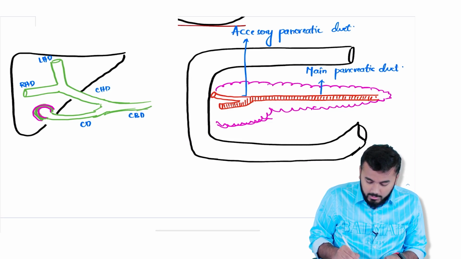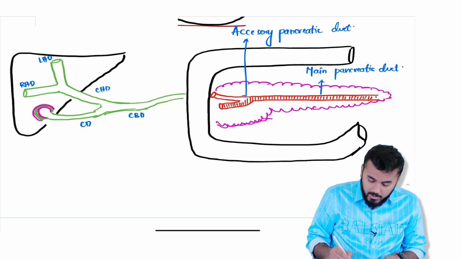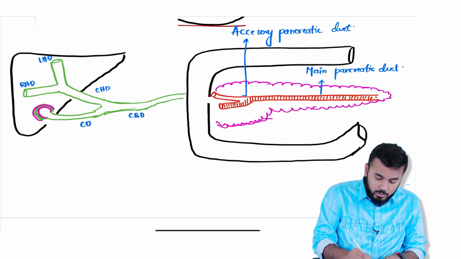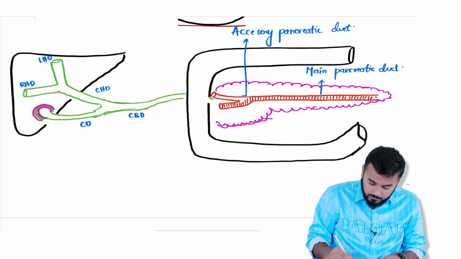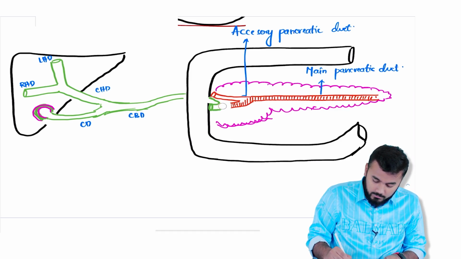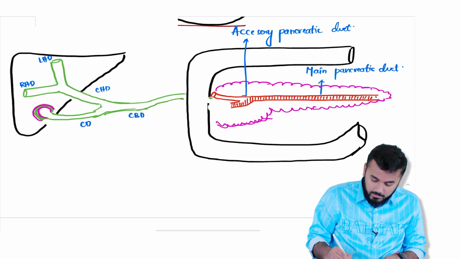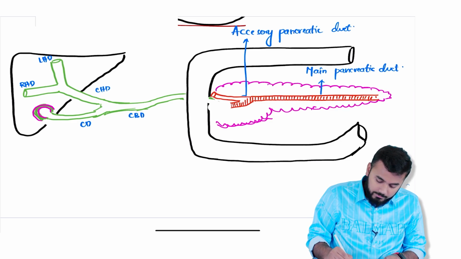Now look here. This common bile duct comes all the way like this. It passes behind the duodenum, and look what is happening here. It passes behind the duodenum and it joins with this duct over here.